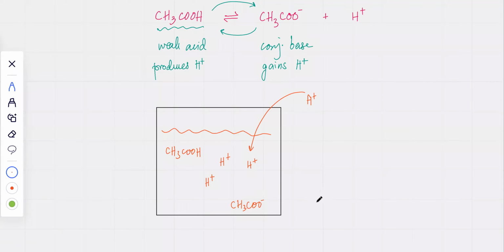What would immediately happen is that the base would come into action. The CH3COO minus 1 would start attracting the H+1 ions and turning into ethanoic acid, and all those H+1 ions would eventually be removed. So the buffer would try to prevent the concentration of H+1 from going up. Is this clear?